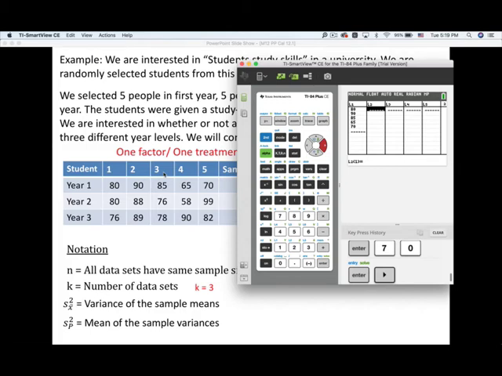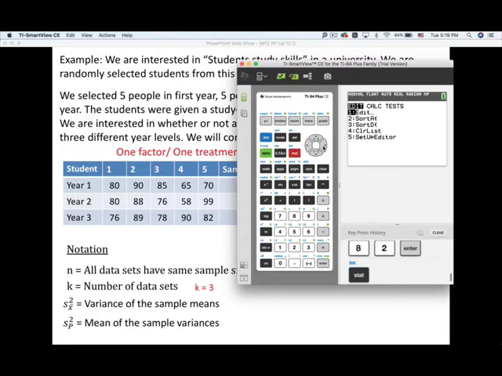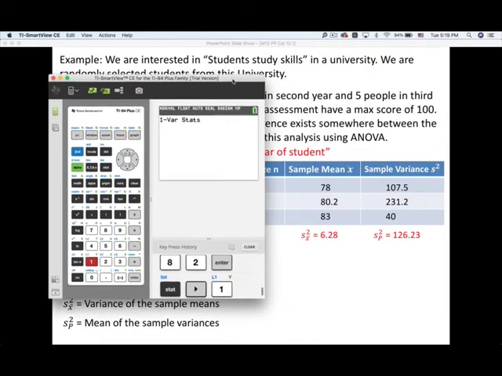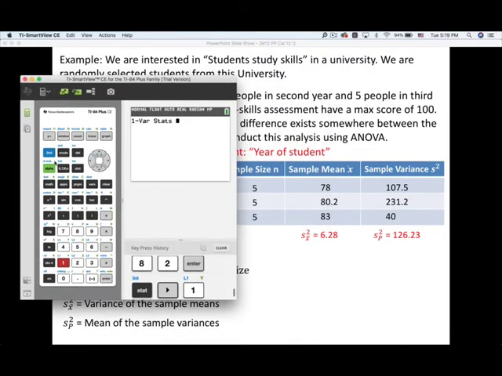L2 will be my year 2, so 80, and after I input my 3 populations, I'm going to click on stat, go to calc, number 1, one-variable statistics. And then I want to see my data for my L1. So second 1 for L1, enter.